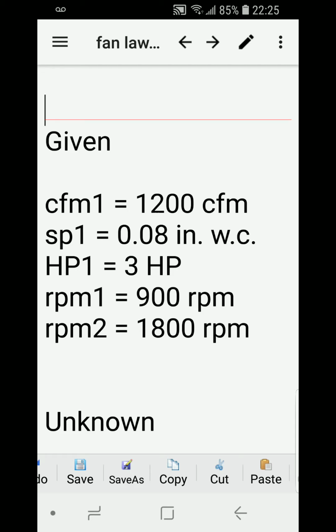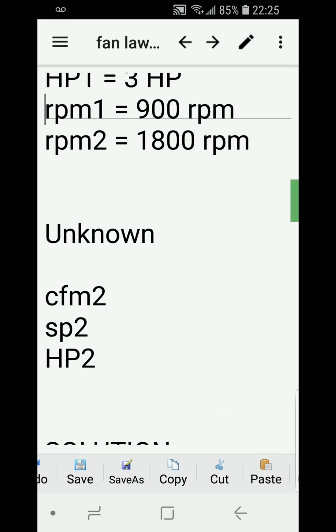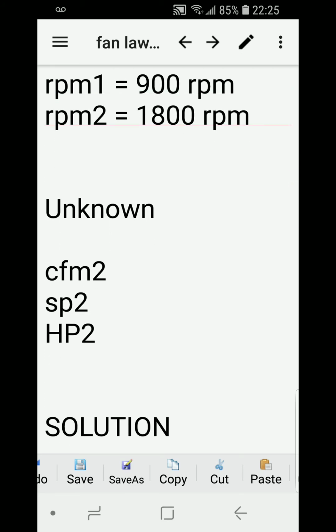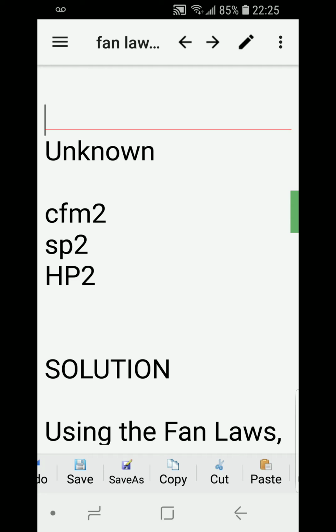RPM2 is increased from 900 to 1800 RPM, so speed is two times the initial speed. So the unknown are the following three values: CFM2, static pressure 2, and horsepower 2.